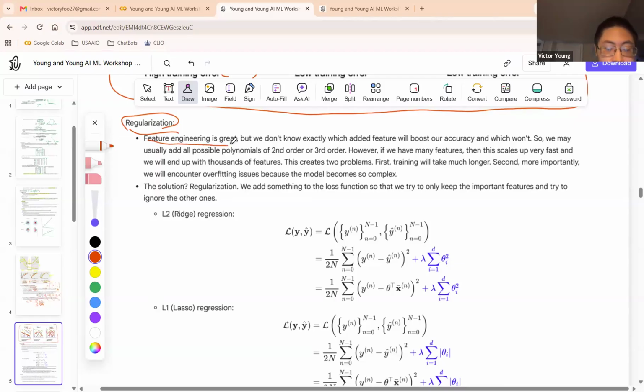So yes, we can do feature engineering that increases the complexity of the model, but we do not know which added feature will boost our accuracy, right? If you have 3 features, so housing land area, number of bathrooms, and let's just say neighborhood income, and then we do polynomial feature preprocessing with degree equals 2, we can do land area squared, number of bathrooms squared, neighborhood income squared.